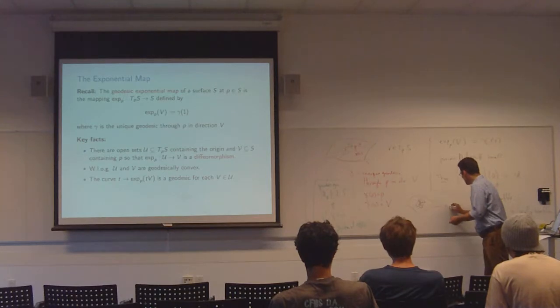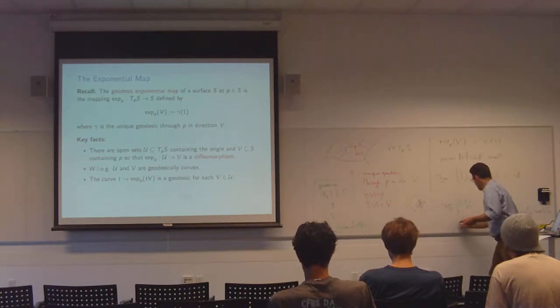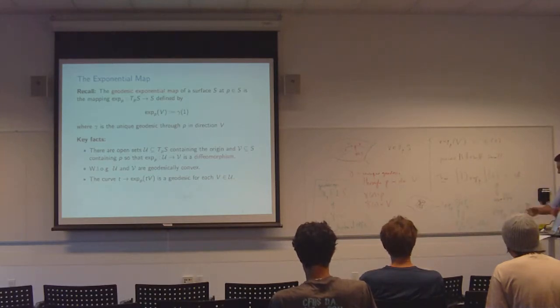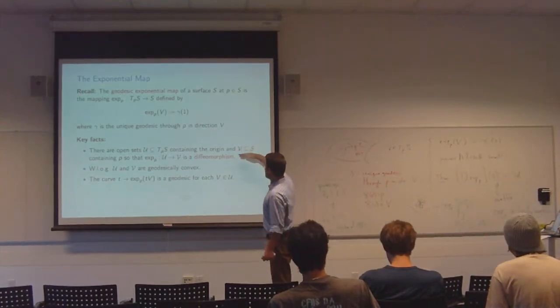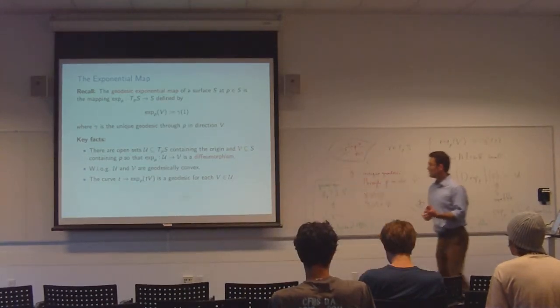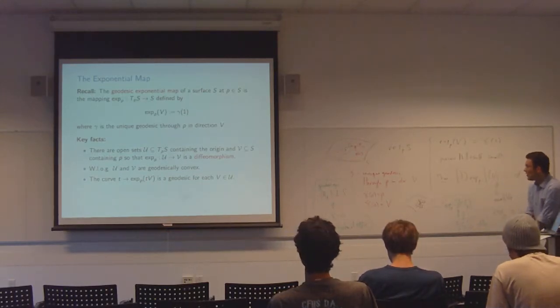So, in other words, your exponential map becomes a diffeomorphism from some neighborhood of the origin in the tangent space, so 0 is in here, to some neighborhood sitting inside the surface. And it's a smooth invertible map with differential inverse. So that's this number one key fact, a reminder of the construction, on the screen.